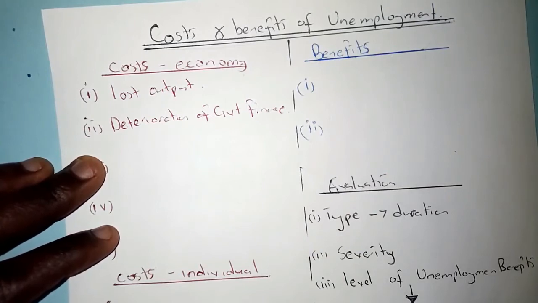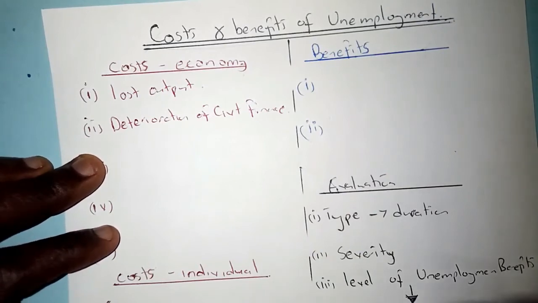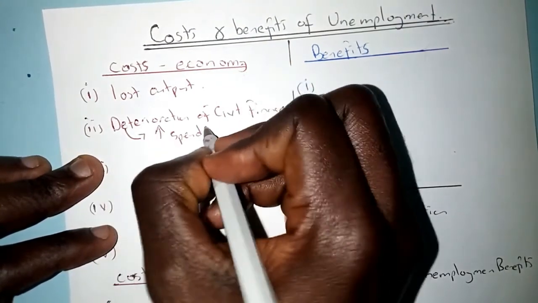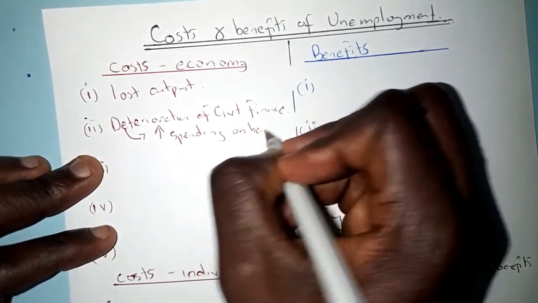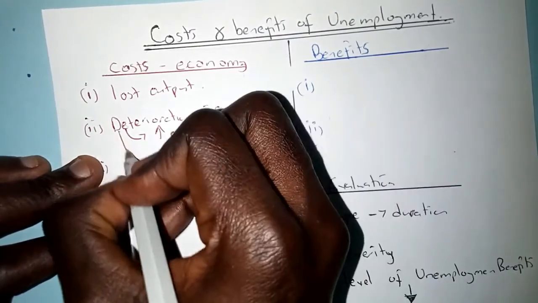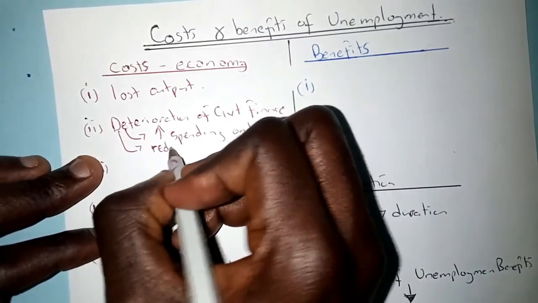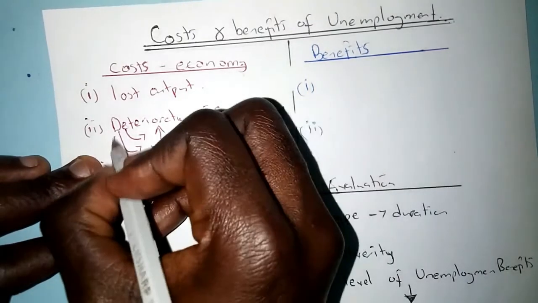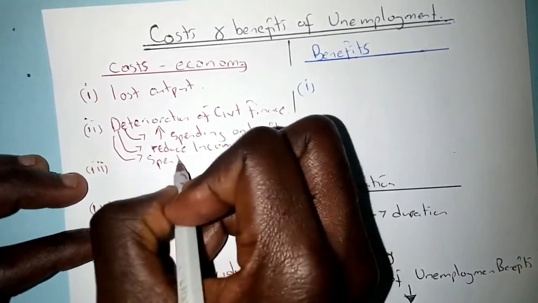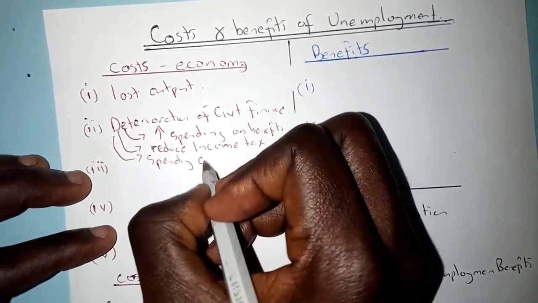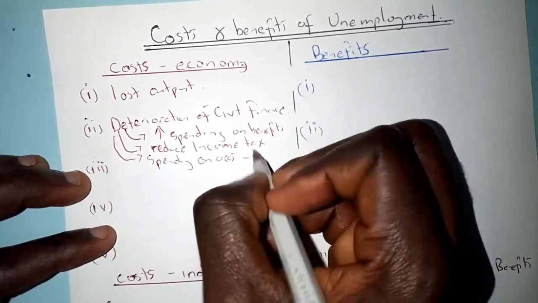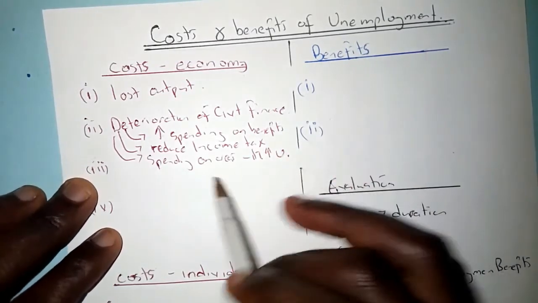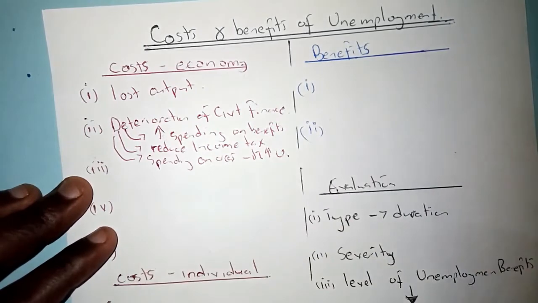There tend to be three ways in which government finance can deteriorate: increasing spending on benefits, then reduced income tax, then spending on areas with higher unemployment. So we have to talk about those three ways in which government finance can deteriorate.